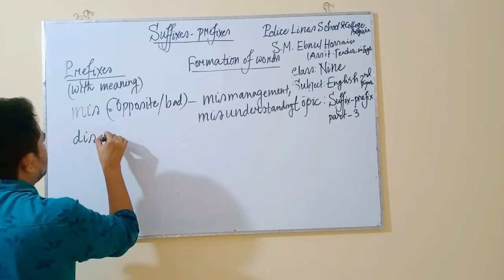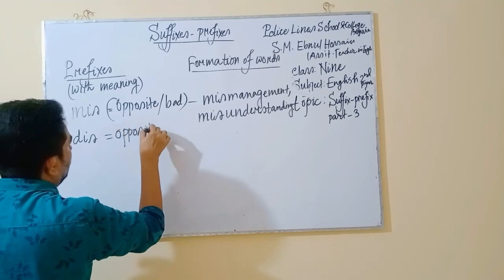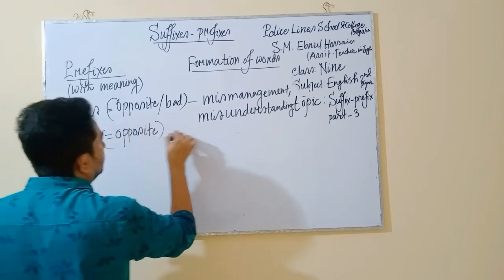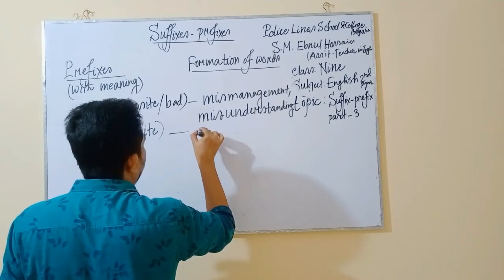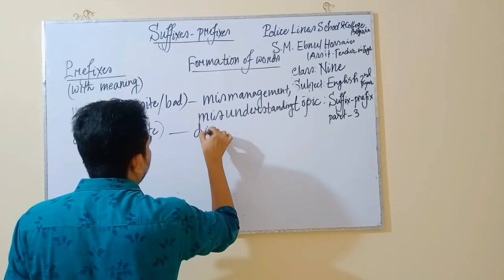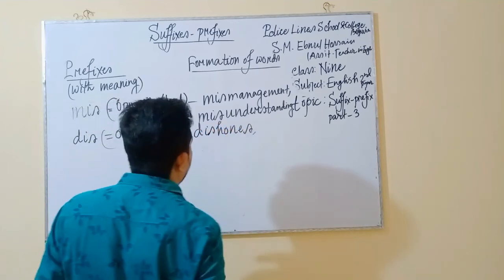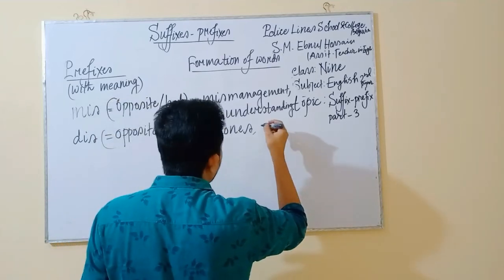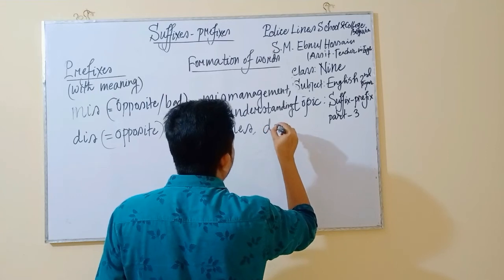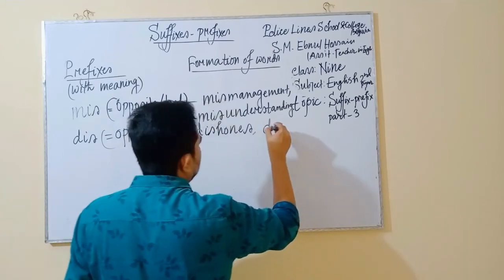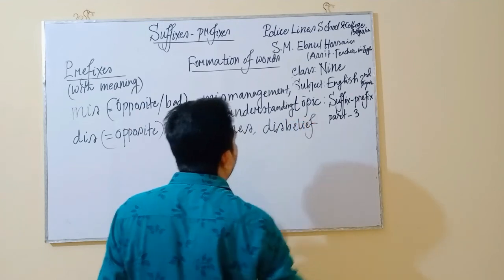DIS, it also gives the meaning opposite. We can add the prefix DIS to the root word to form dishonest, disbelief.